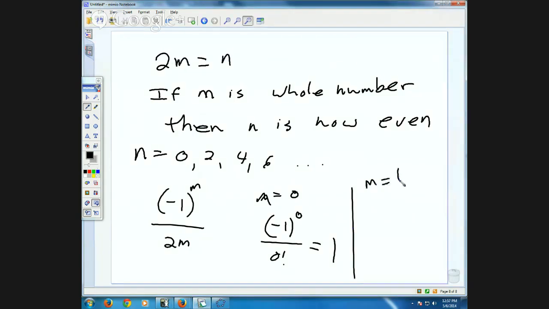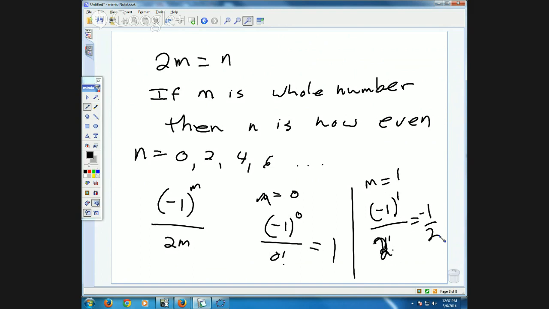If m equals 1, then that's going to give me -1 to the 1 over 2 factorial, which is -1/2. Is that the right coefficient I have? So what you do is you guess as to whether it's an m or an m plus 1, and then you check to see if you did it right. You with me, Courtney?